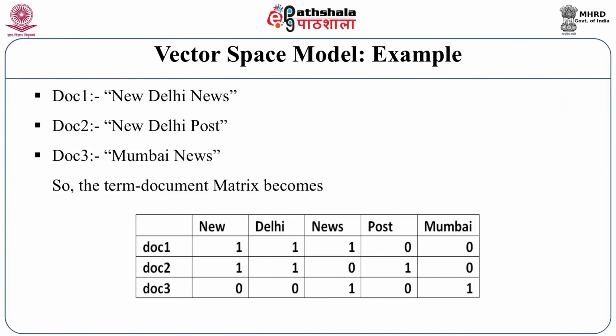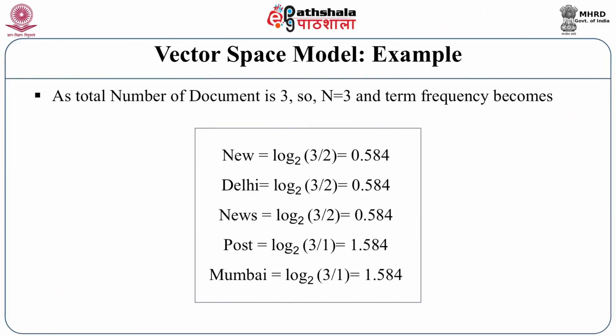The first index term is New. New has occurred in document 1 and document 2, and the total number of documents is 3. So the inverse document frequency value for New will be log of 3 by 2 base 2, which is 0.584.